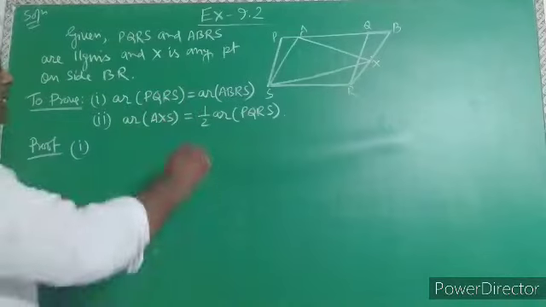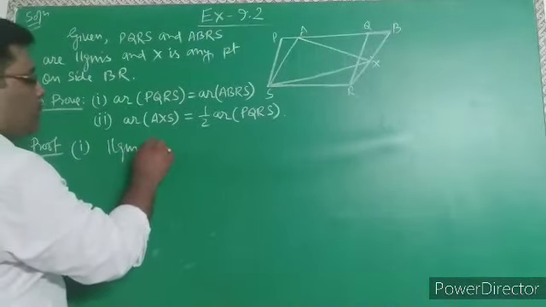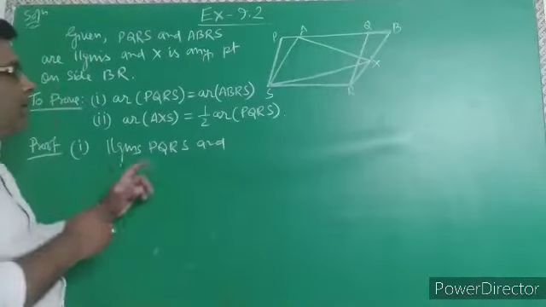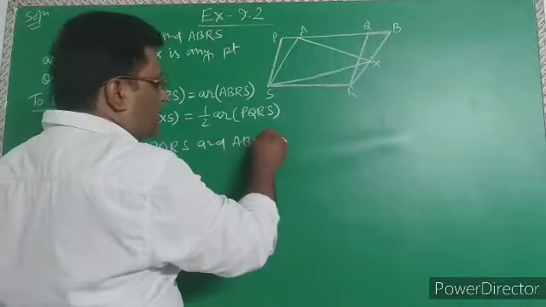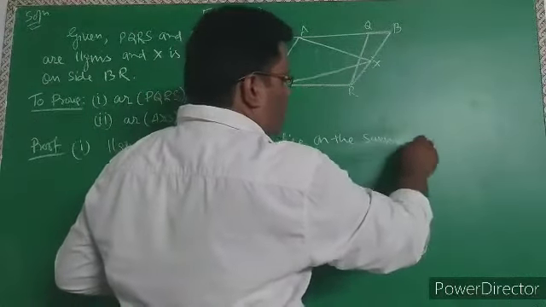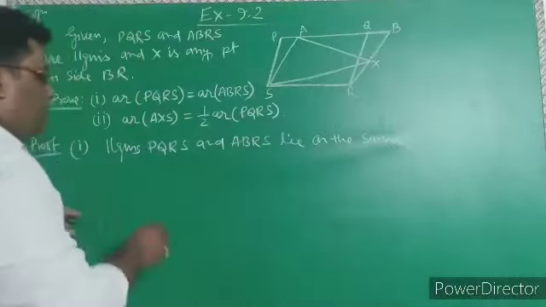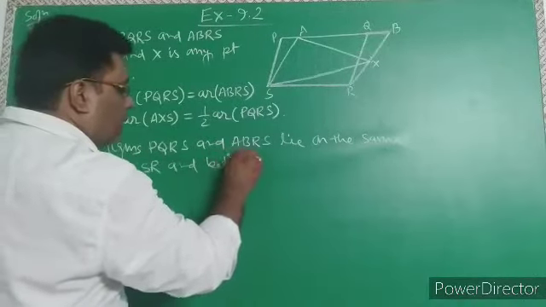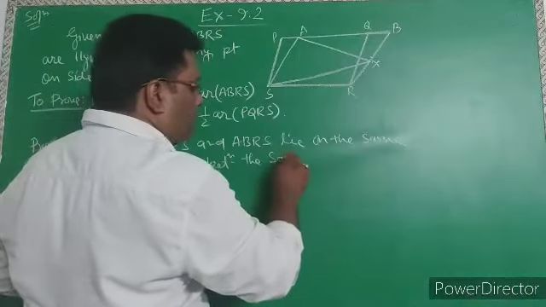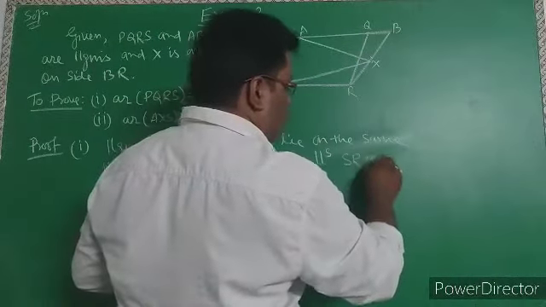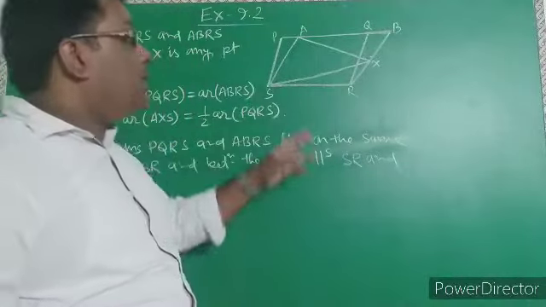So we write directly: parallelograms PQRS and ABRS lie on the same base SR and between the same parallels SR and PB.